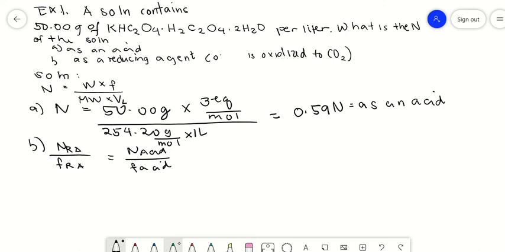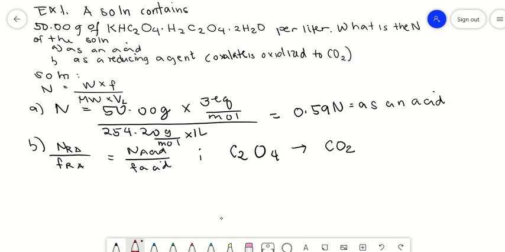In determining the factor, that is the change of a reducing and oxidizing agent, that is the change in oxidation state. So oxalate here, C2O4, will be oxidized to CO2. Now, what would be the charge of carbon in oxalate and the carbon in CO2?